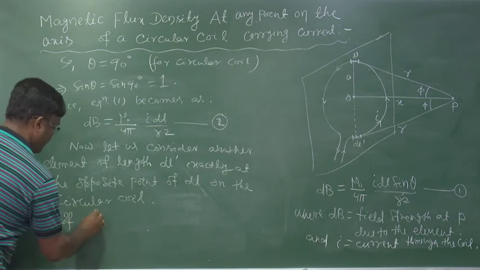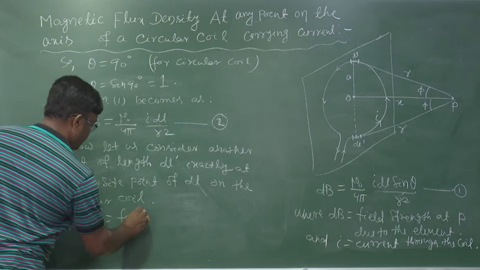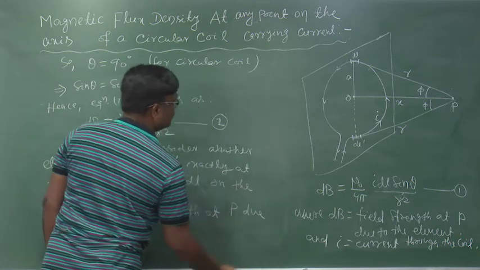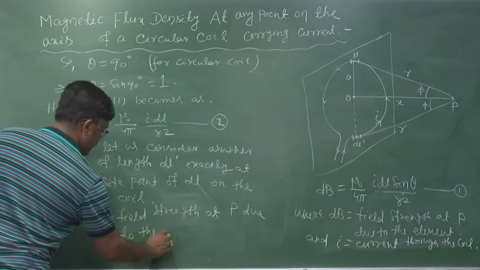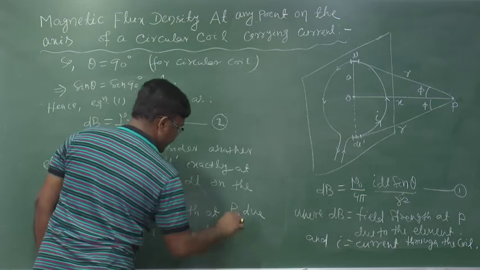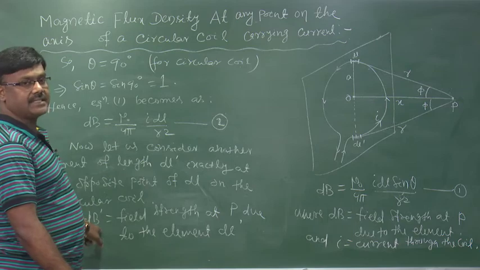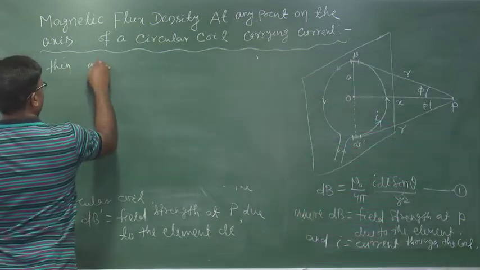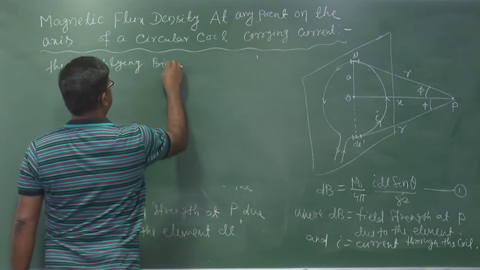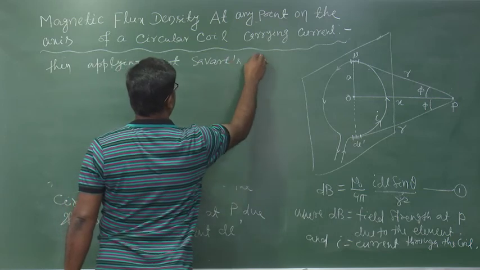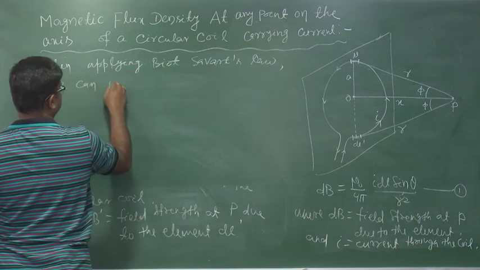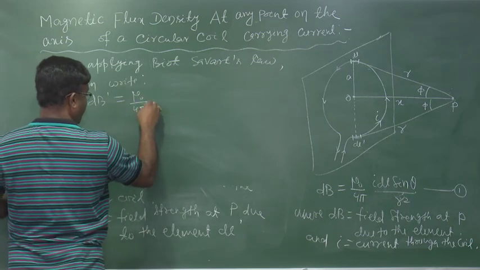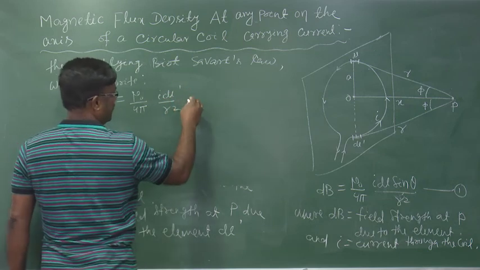If dB dash is the field at P due to the element dl dash, then applying Biot-Savart's law, we can write dB dash equal to mu 0 by 4 pi I dl dash by r square.